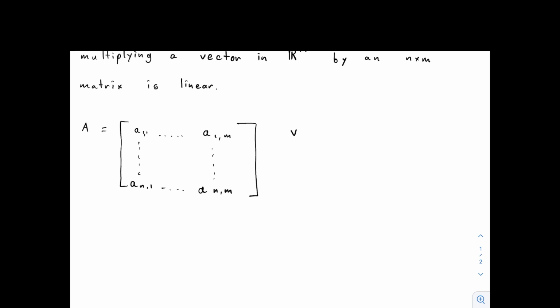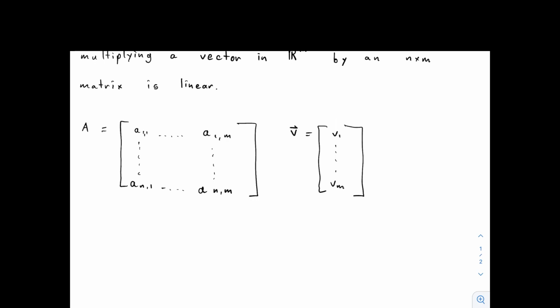Accordingly, v is going to be defined in this way, where v is some vector in Rm, therefore it has m entries, or m components.